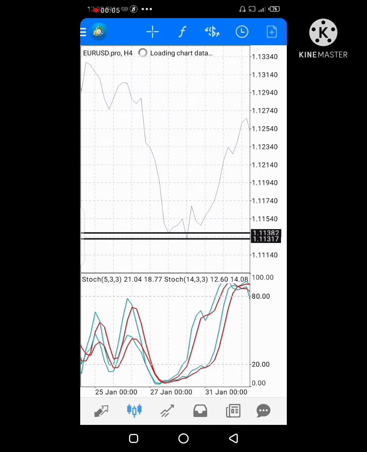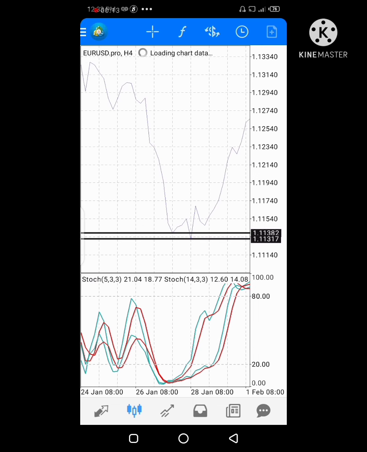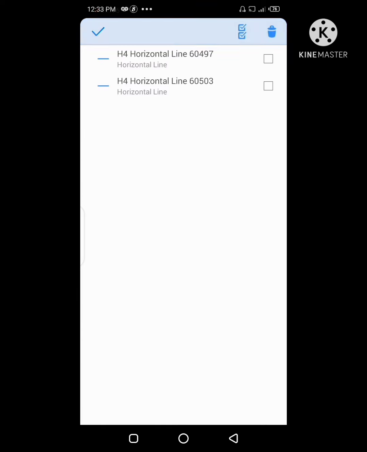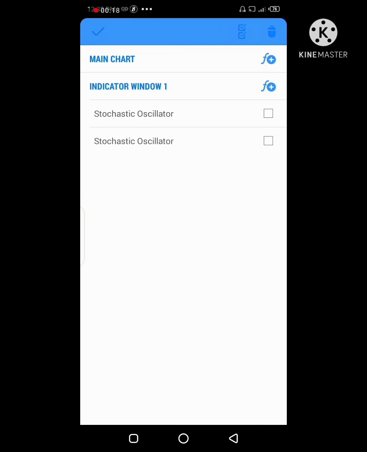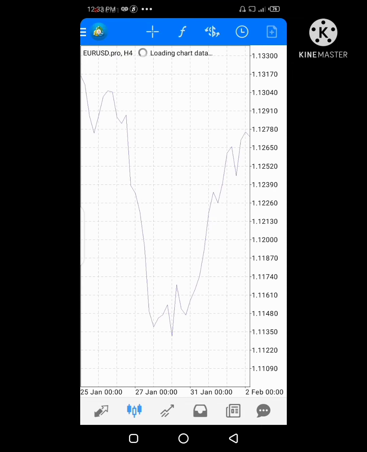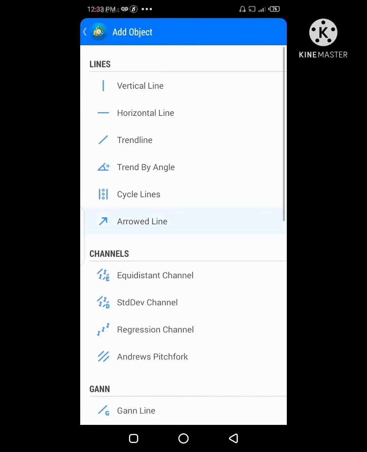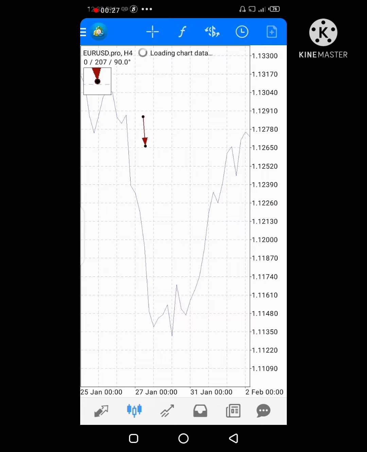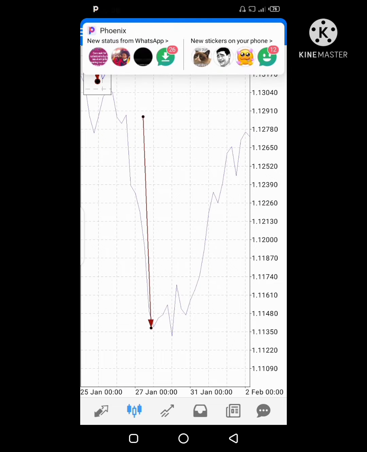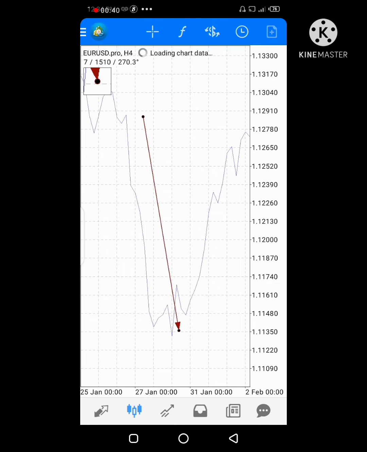Now I'm going to explain the head and shoulder pattern, so you understand it using this line chart. I'm first going to remove all the indicators and the lines, so that you see the pattern very well. So it was first a downtrend moving down, so it came here and made a lower low and a higher high.